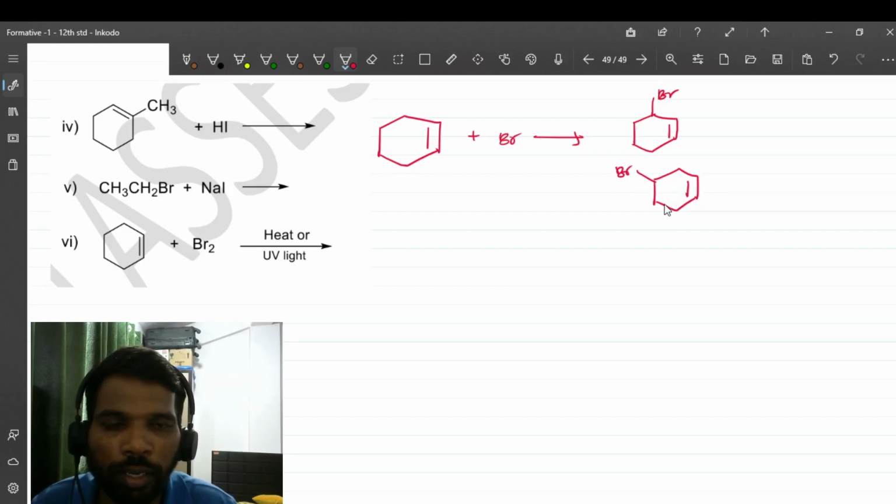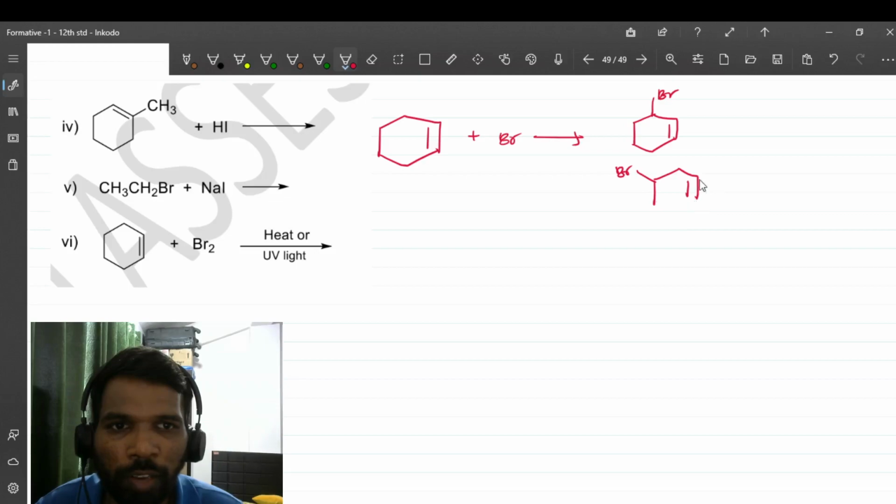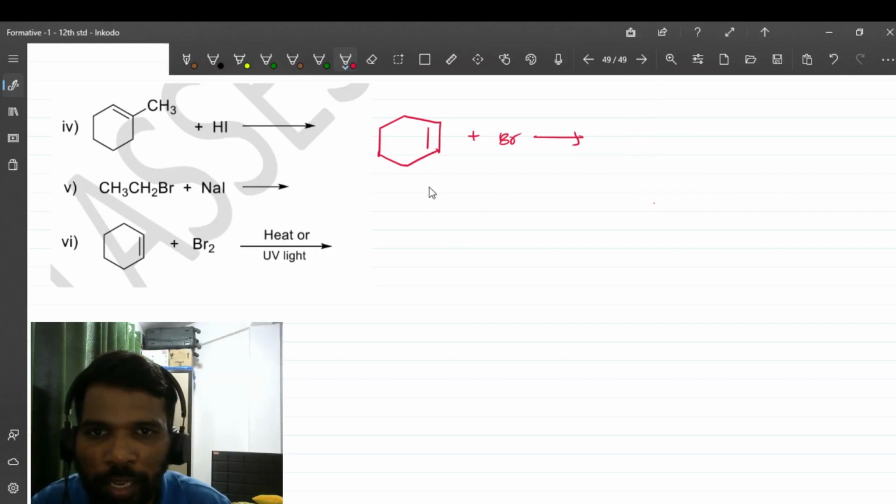Either this or this, and rest is one and the same. But it will depend upon where the most stable free radical will be formed. If you go into the mechanism, let's see the process of the free radical formation.